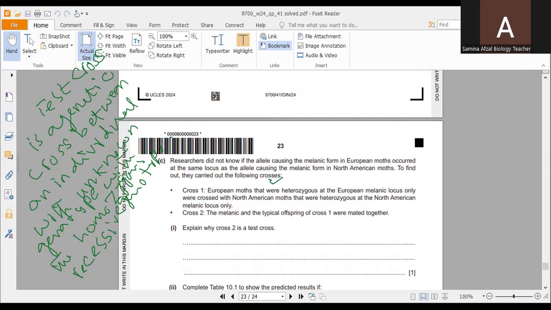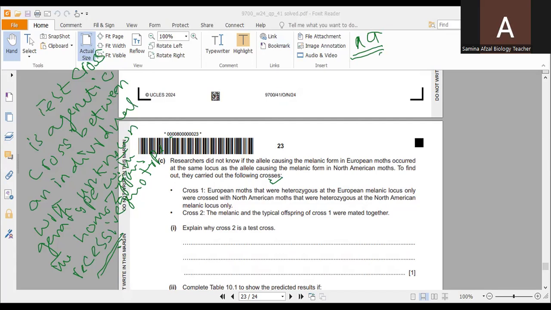Here the question is homozygous recessive. It means small a and small a, same type of genes. Okay. So explain why cross 2 is a test cross.